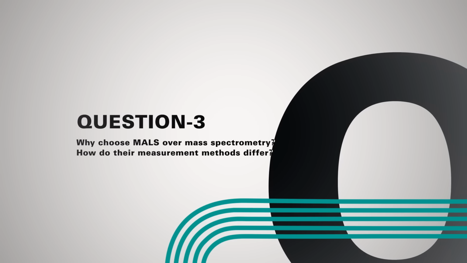Because I know for a fact that years ago, people did not use multi-angle light scattering detection. They typically used mass spec. Mass spec is a fantastic method and instrument to do all of that. But what is the major difference between selecting multi-angle light scattering versus mass spec? Can you tell me a little about that?